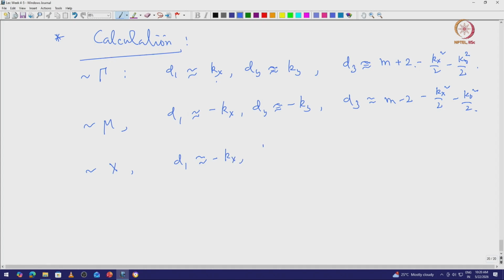So d1 will be kx, d2 will be ky, d3 will be m plus 2 plus ky squared by 2, and at the Y point it will be opposite.